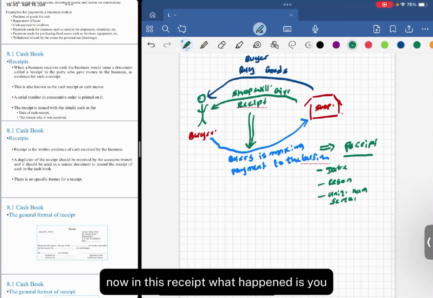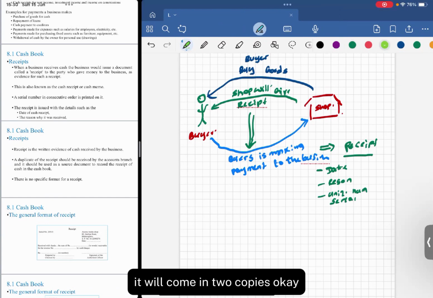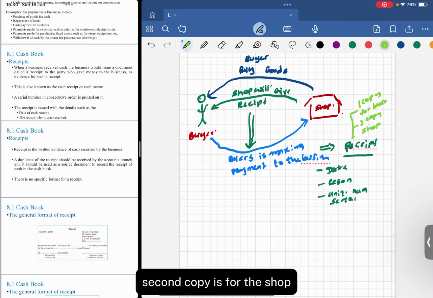Now this receipt will come in two copies. One copy is for the buyer. The second copy is for the shop.